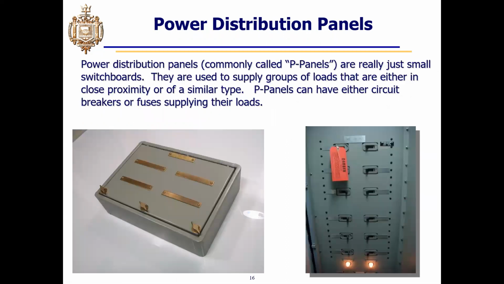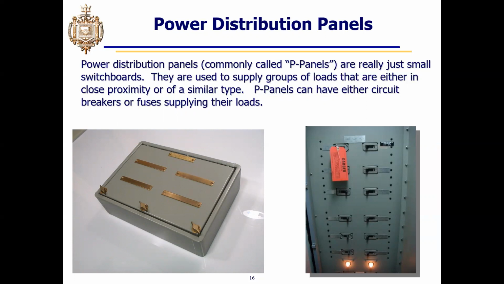Other things that you'll see throughout your ships are what are called P panels. P panels are just small mini switchboards, if you will, that supply collections of loads that are either similar in function or in close proximity to each other. For instance, LR5 is an example of a P panel on the submarine, which supplies only the nucleonics loads.